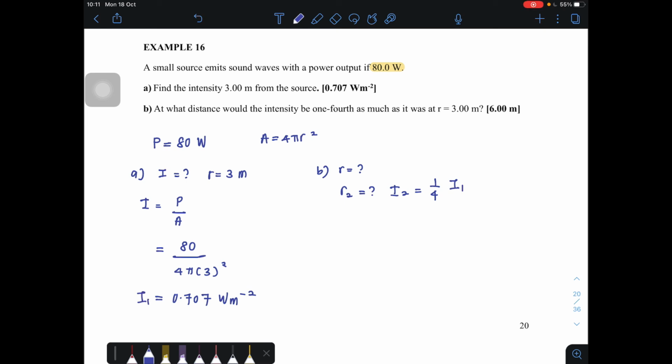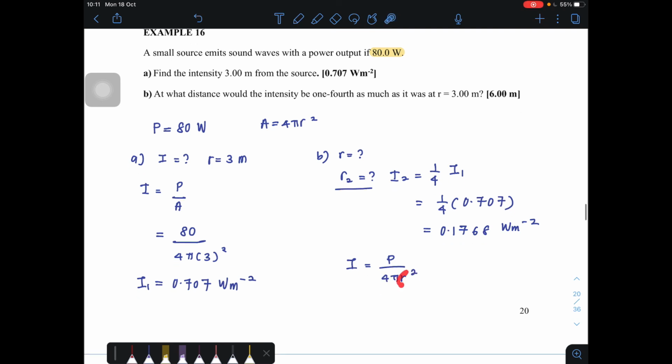So you cari dahulu I2, di mana masukkan 1/4 times 0.707. So you will get 0.1768 watt per meter square. And then after that, gunakan the same formula here to find the value for R. So I sama dengan P divided by A. So A dekat sini kita masukkan that formula.